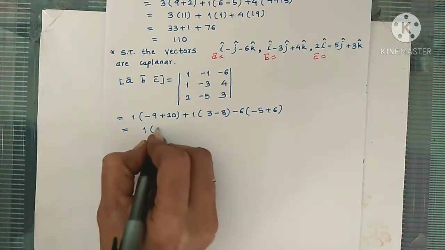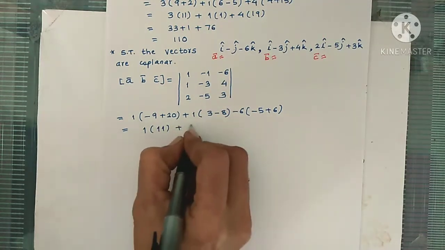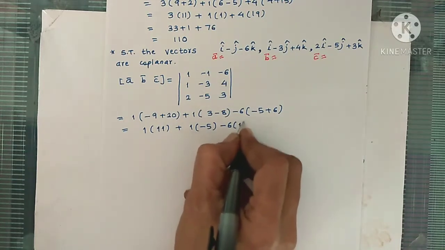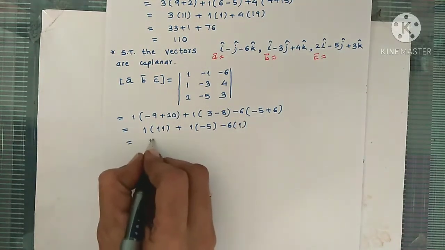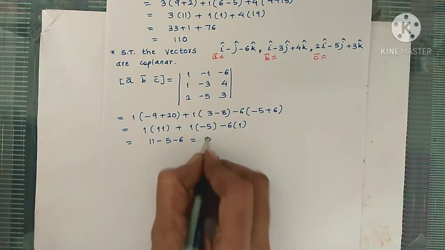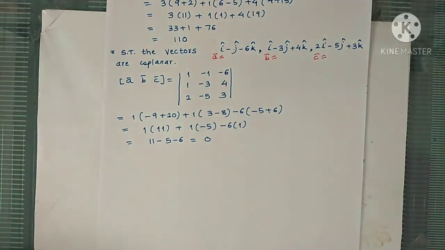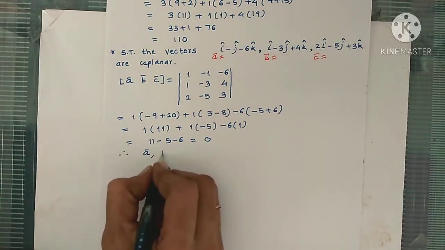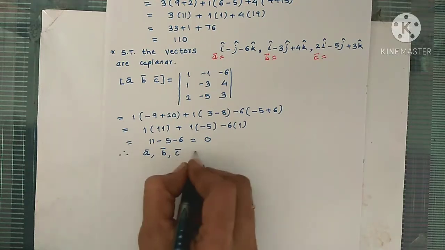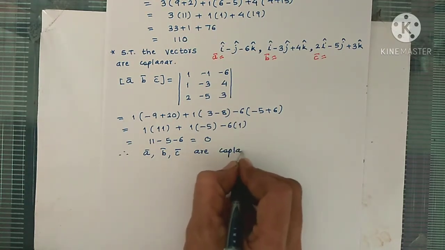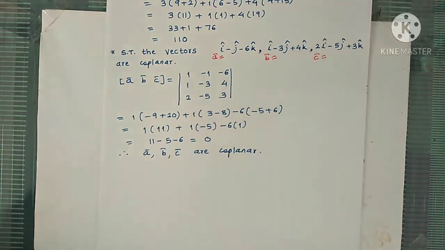So it is 1 into 11, 1 into minus 5, minus 6 into 1. So that is 11 minus 5 minus 6. So 11 minus 11, that is 0. So as the scalar triple product is 0, therefore the vectors A bar, B bar, C bar are coplanar. Okay. So this is the proof.